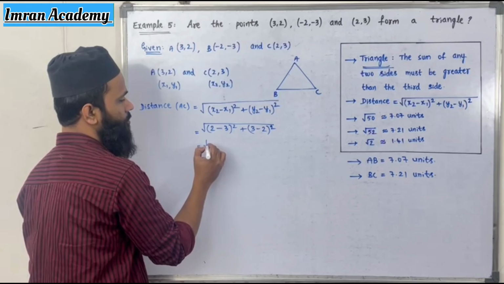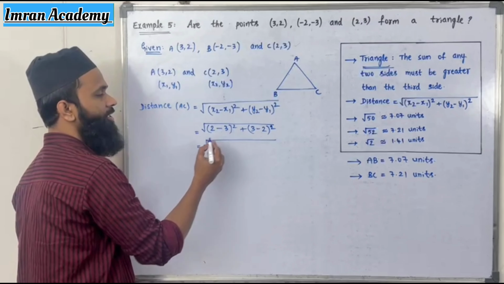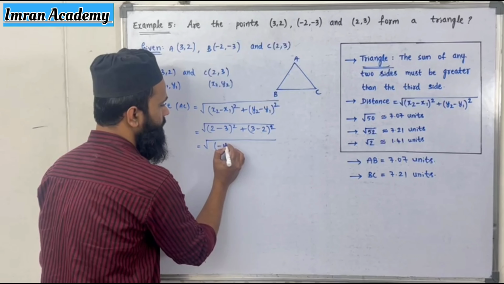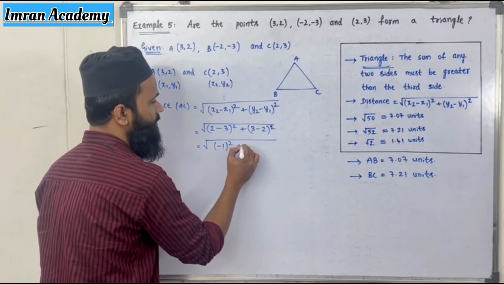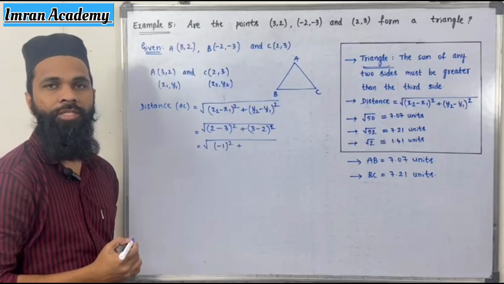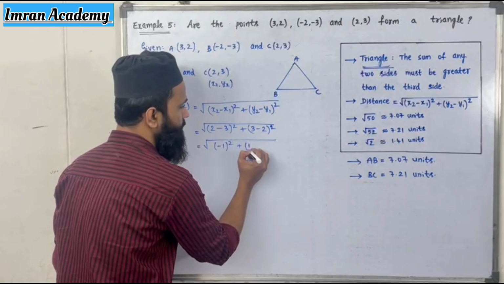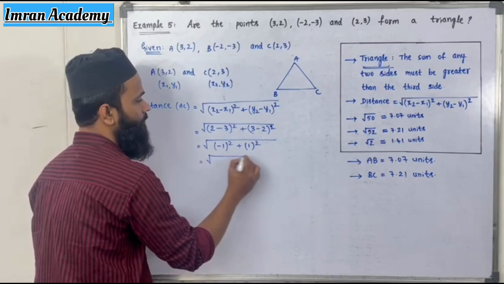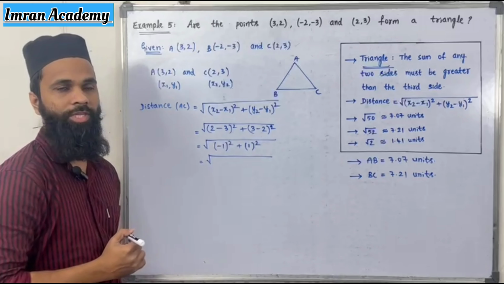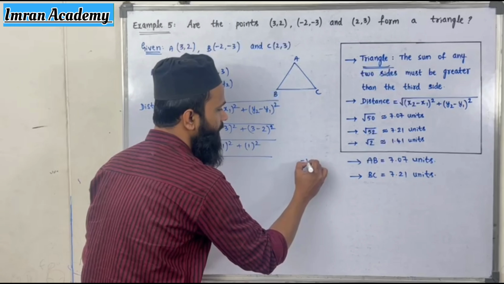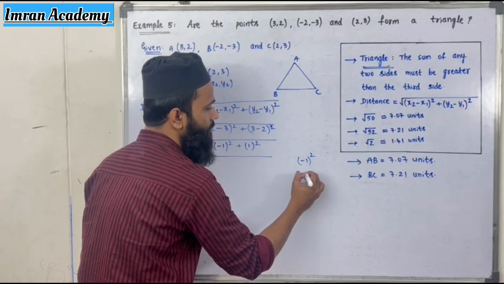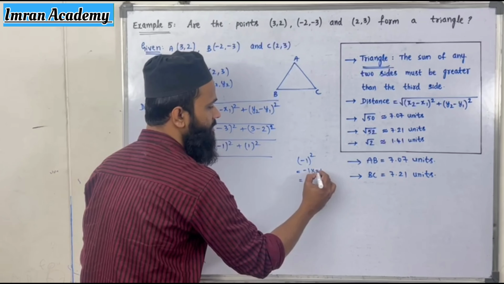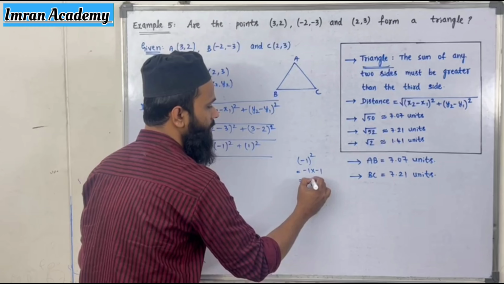That is equal to square root of (2 minus 3 is minus 1) whole square plus (3 minus 2 is 1) whole square, which is square root of minus 1 whole square. See here, minus 1 whole square is minus 1 into minus 1, minus into minus is plus, 1 into 1, 1.